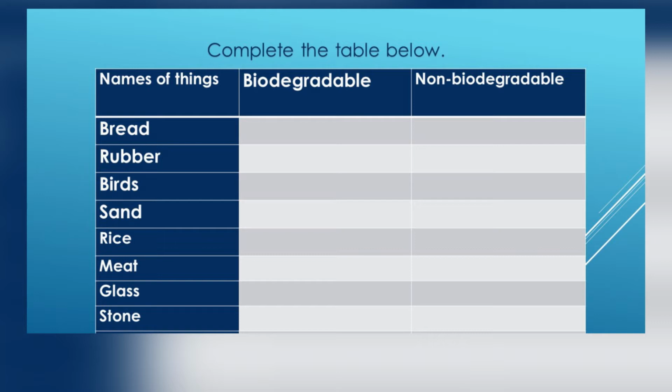So what I want you to do is to take your paper and your pencil, draw up the columns, place the names inside, then write biodegradable or non-biodegradable. If it's biodegradable, you put a tick. For example, rubber. Is rubber biodegradable or non-biodegradable? Correct. It is non-biodegradable. So we put a tick under non-biodegradable. So take a few minutes and complete that exercise.